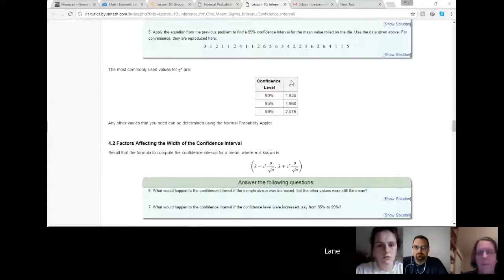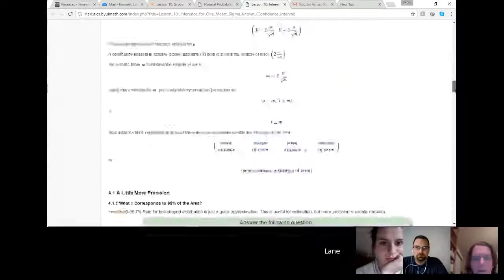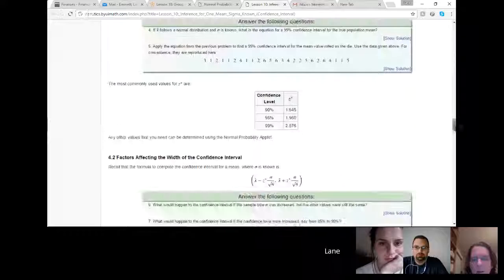If you go to lesson 10 in the book, right around the middle, let me share my screen. Okay, y'all see my screen? Yeah. So this is in lesson 10, right? You go down to the middle, and it'll give you the Z-score of these confidence intervals, the 90, 95, and 99.